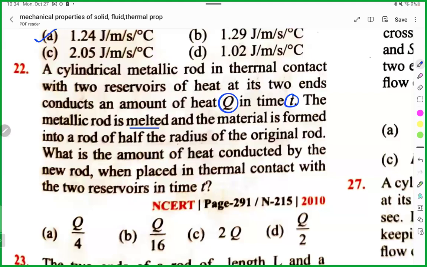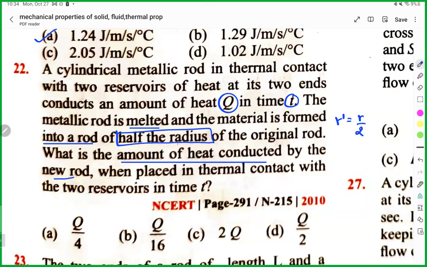Material is formed into a rod having half the radius of the original radius. So new radius is half of the original radius. What will be the amount of heat conducted by the new rod when placed in thermal contact?